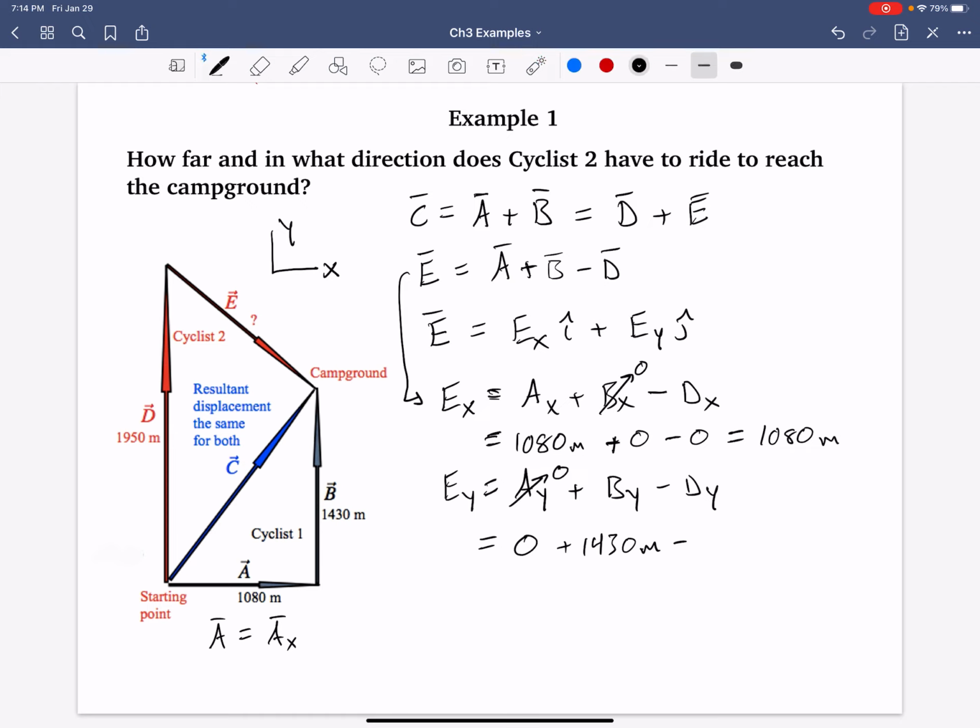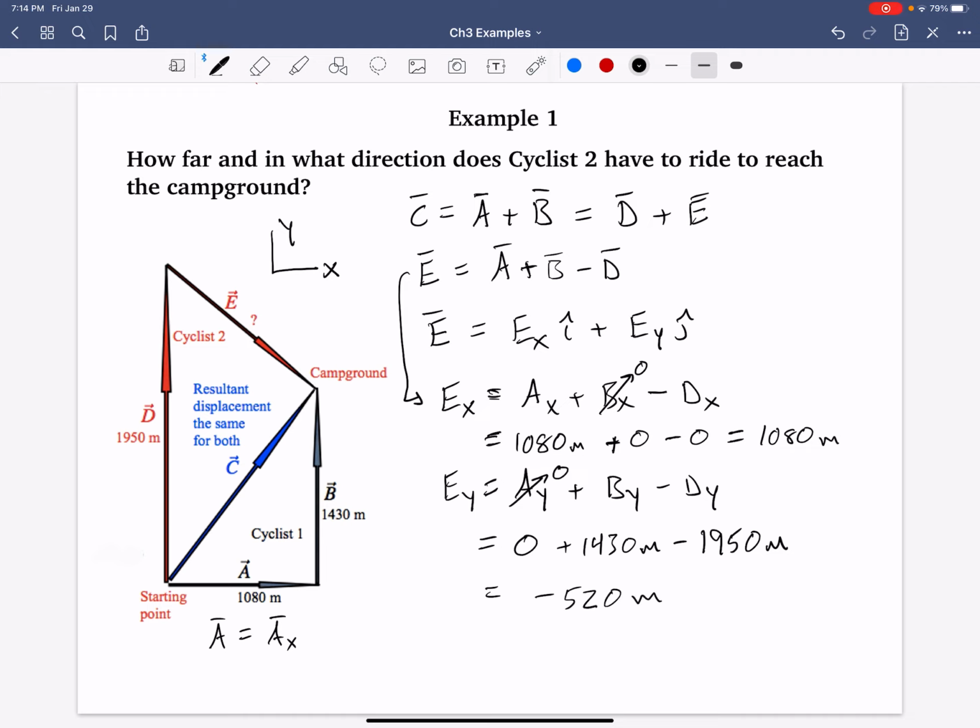So even though the magnitude of D, or dy in this case, is positive 1950, that negative sign has to stay there. Okay? And so this leads to a magnitude for EY of minus 520 meters. Okay?